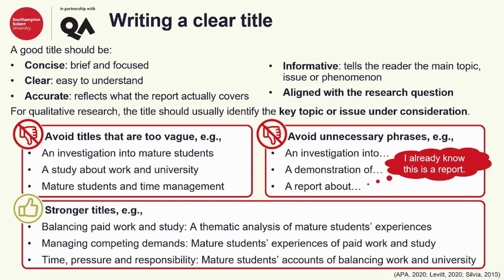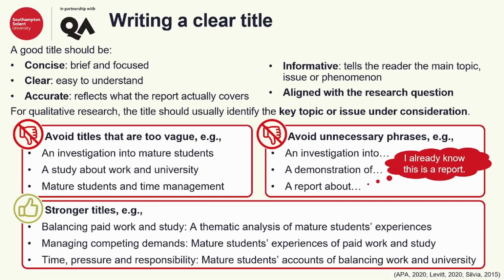Imagine that the research question is, how do mature students balance paid work and study? A title such as An Investigation into Mature Students is too vague. It identifies the participant group, but it does not explain what aspect of their experience is being investigated.